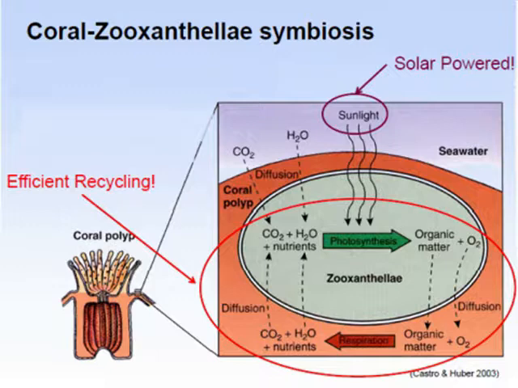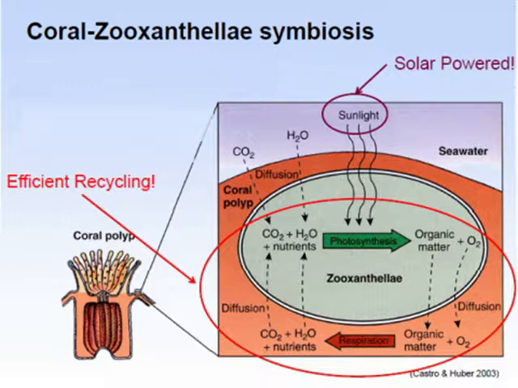You can see on the left-hand side you have carbon dioxide, water, and nutrients that diffuse into the zooxanthellae, which is needed for photosynthesis. Zooxanthellae can also get carbon dioxide and water from outside of the coral polyp, which then diffuses through the coral polyp skin, as well as the membrane of the zooxanthellae.